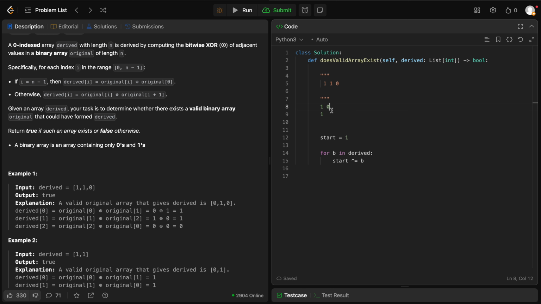And if this has to be 0 and I have this 1, that means that this has to be 1, and this 0 means that it's self-derived by itself.